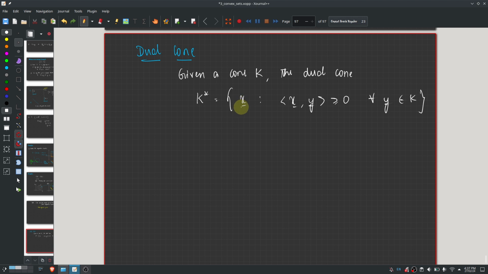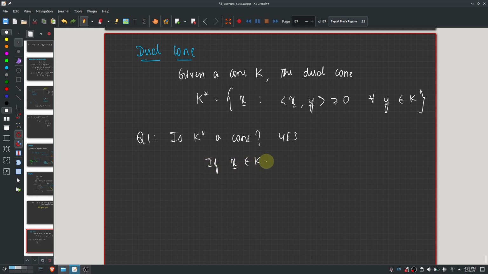So a vector x lies in the dual cone if and only if the dot product of x with every vector in K is always greater than or equal to 0. So firstly, is this a cone? Yeah, it should be a cone because if the dot product of x with every vector y in K is greater than or equal to 0, then what can you say about alpha times x?